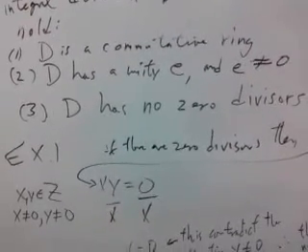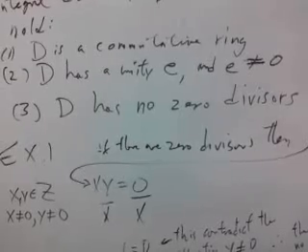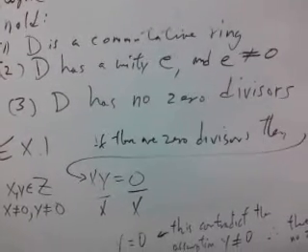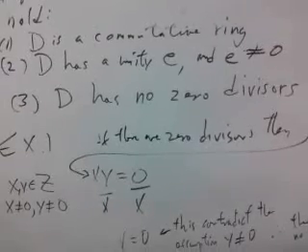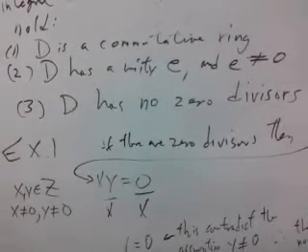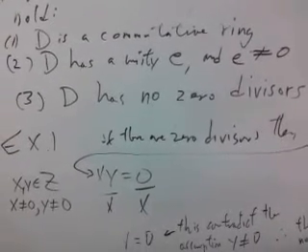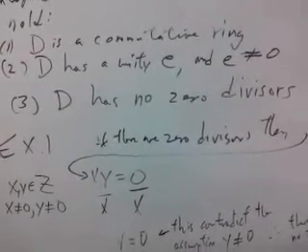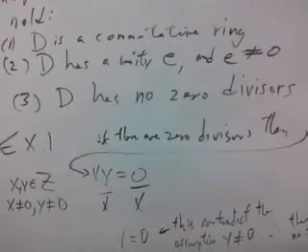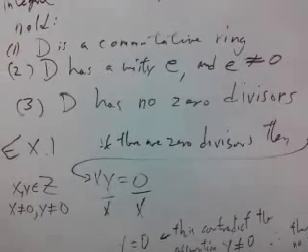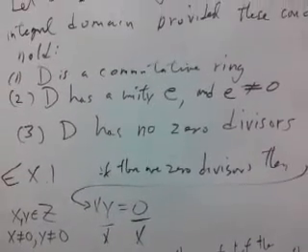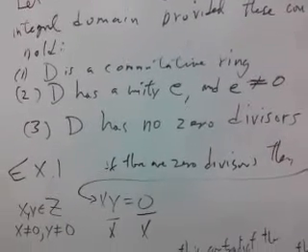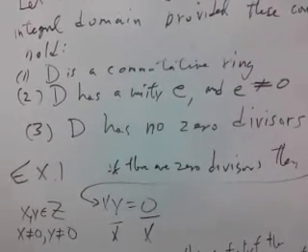In other words, if you multiply x times y and get 0, either x has to be 0 or y has to be 0. You cannot multiply two non-zero entities and get 0, whatever those entities are, in order to have an integral domain. So those are the rules for an integral domain.